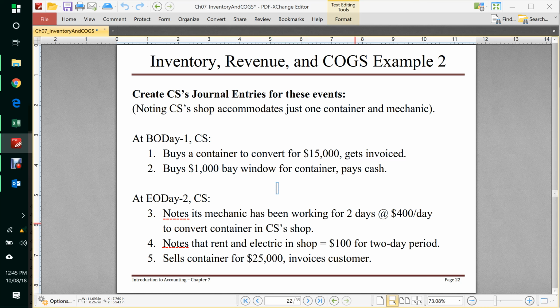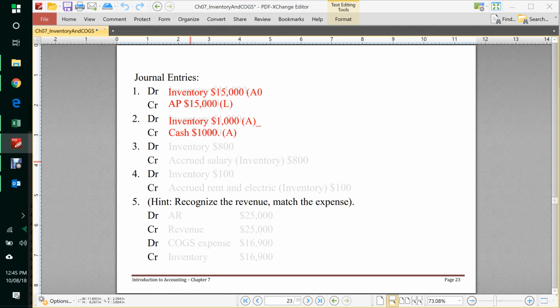So we have 800 for the shop employee, okay, and then we have 100 for rent. That shop employee is absolutely needed to turn that raw container into a saleable item. So her salary is part of inventory, it's part of adding value to that container to make it something that they can sell for a higher price.